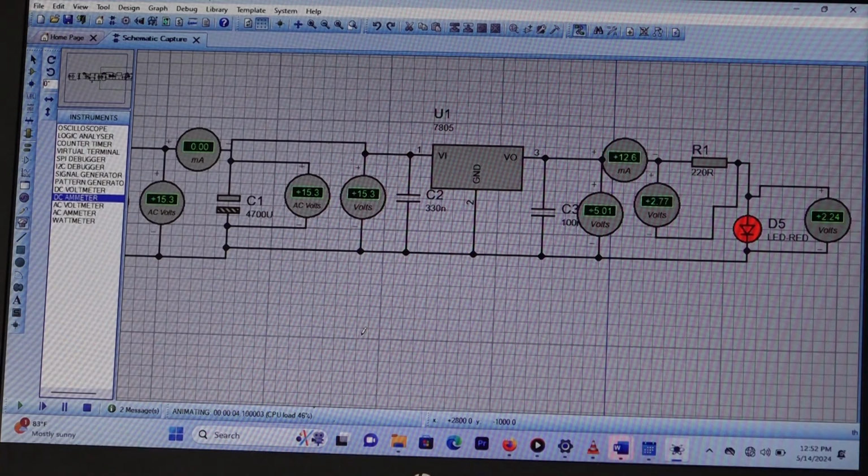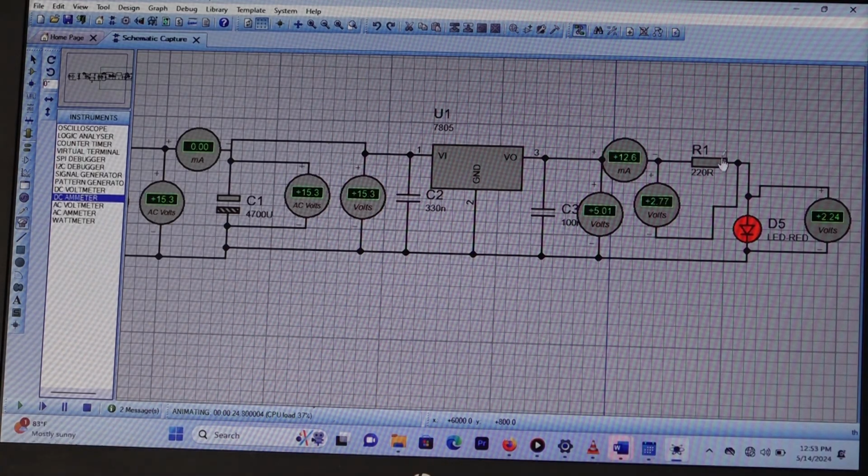So the voltage across the resistor is 2.77 volt. The voltage across the LED is 2.24 volt. When you add them, you get 5.01 volt. Let me repeat. The output voltage is 5.01 volt. Right?